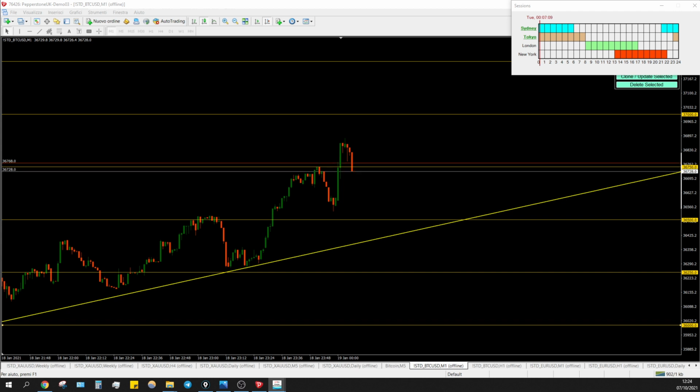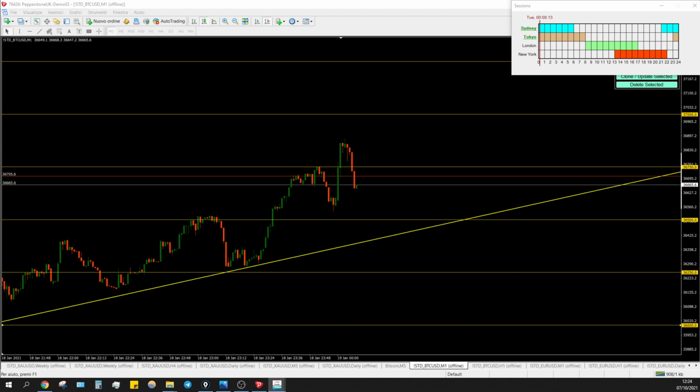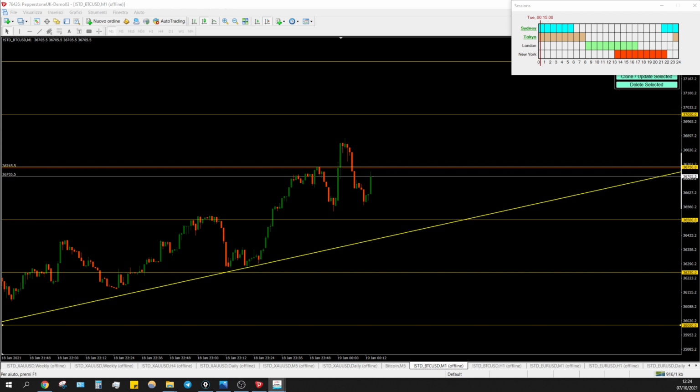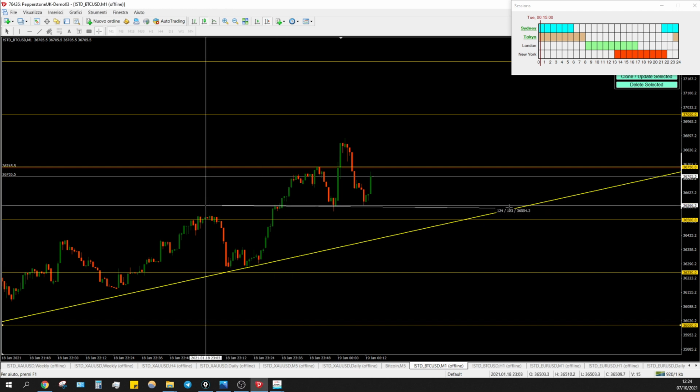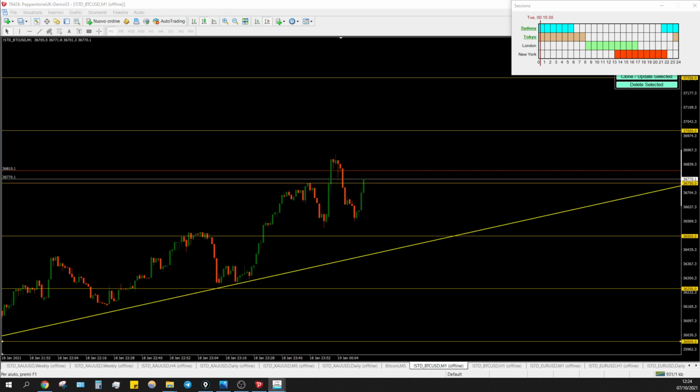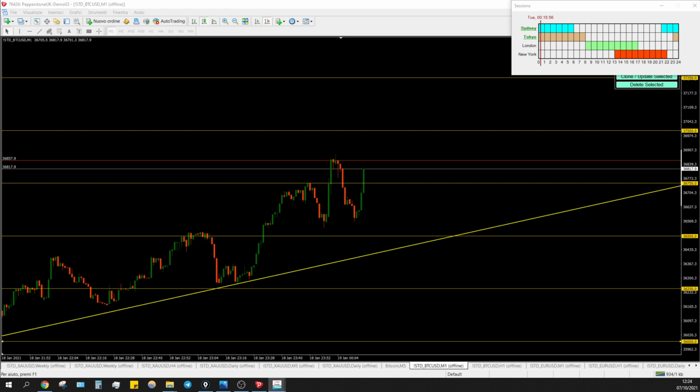Okay, let's see. We have the retest, and we have bearish. We are reacting at these previous lows. So now, if we break, we might have more confirmation of price trending bullish again.